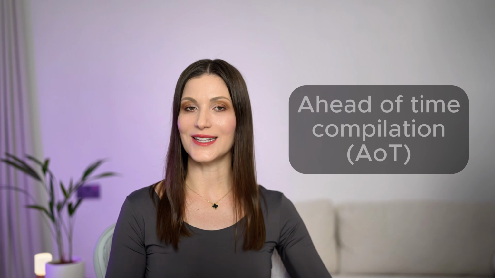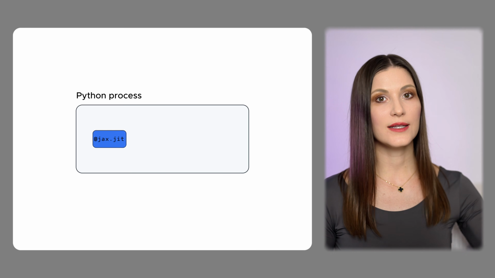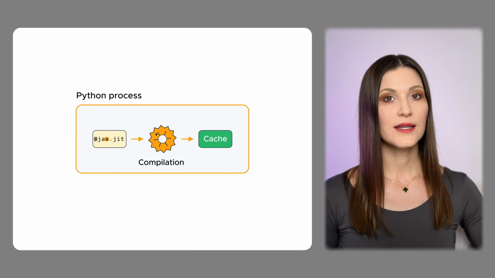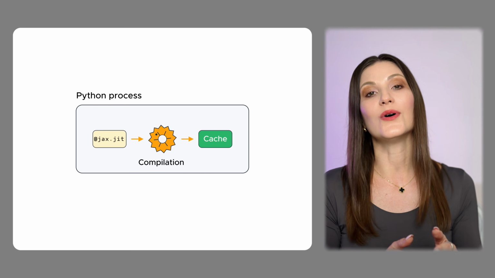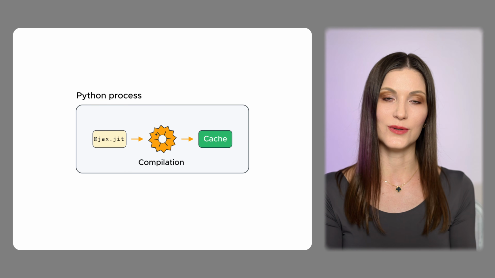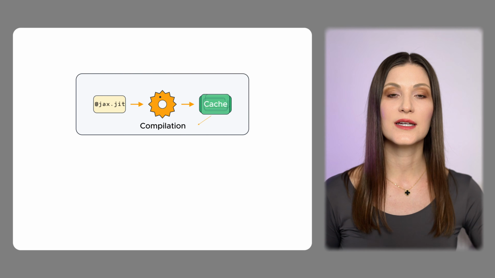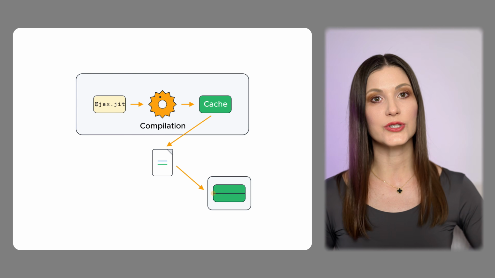Now let's talk AOT, ahead-of-time compilation. Normally with JAX, you write a jax.jit function and the compilation happens in your current Python process. That's great for research and iteration, but in production, you often want a different workflow. Compile once, serialize an artifact, ship it or cache it, and load it later without retracing.